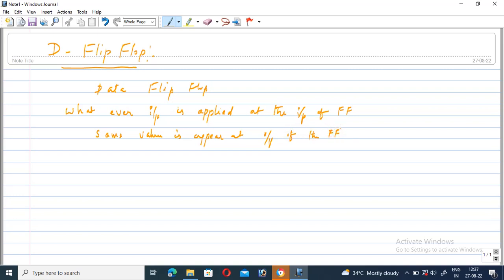That's why it is called a data flip-flop. Whatever input is applied to the D flip-flop, the same input also appears at the output. That means it is a data flip-flop, so it conveys the information.